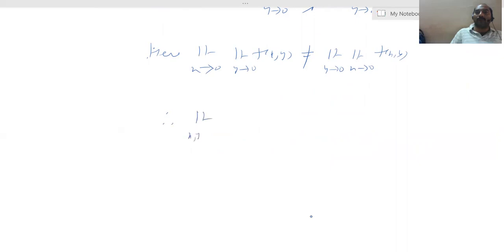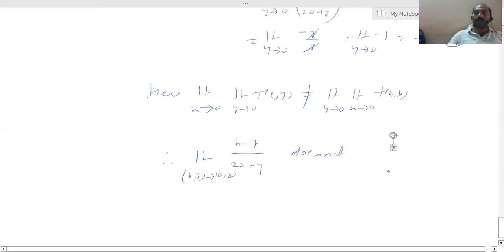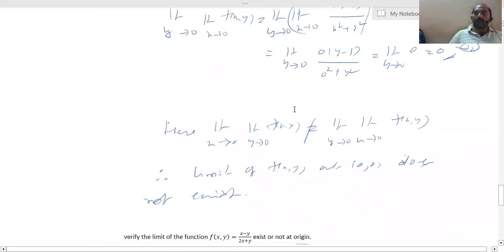Limit x comma y tends to origin of the given function, (x minus y) by (2x plus y), does not exist. That's all. So, next problem.